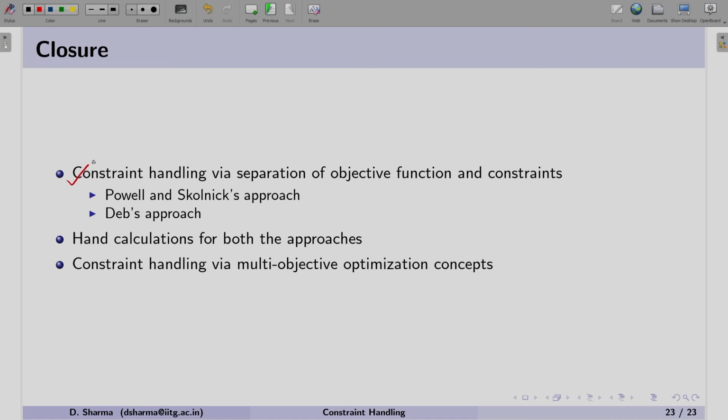When the solution is infeasible, we add the constraint violation to it. We have gone through two methods, called Powell and Skolnick's approach and Deb's approach. Both handle the constraints by separating the objective function and the constraints. We also performed hand calculations for both approaches, and we have certain observations for both methods.